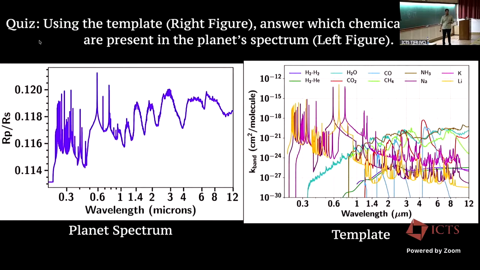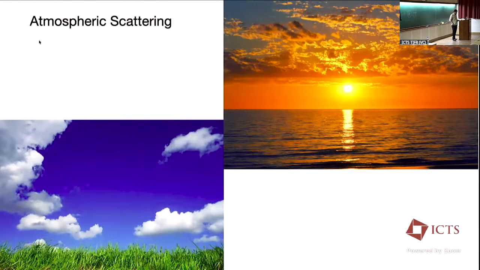Because in planetary atmospheres, we have temperature, so you have roto-vibrational transitions. All these are roto-vibrational transitions of the different molecules that exist. That's why you see a lot of mess, and that becomes a problem when we start doing the retrieval.